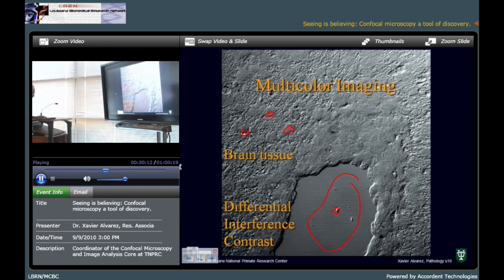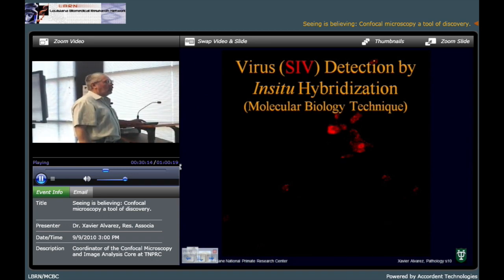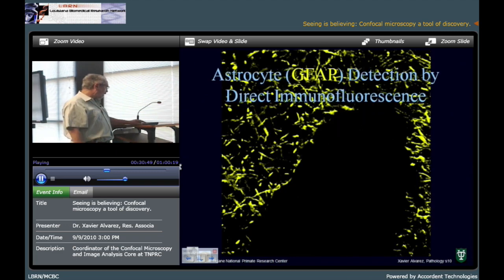But when we use fluorochromes, we could use a molecular technique to detect a specific virus by doing in situ hybridization and detecting the product. It's a molecular technique that is very sensitive. It's RNA hybridizing to RNA, and it is very selective. That's the same piece of tissue, but I can see that the area I was showing before has cells that are infected.